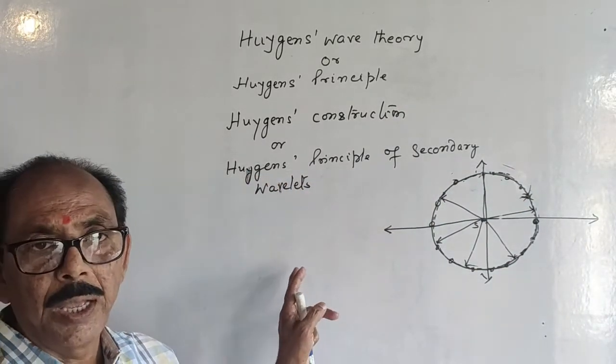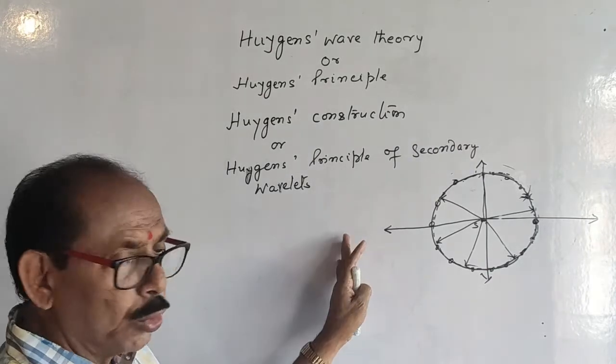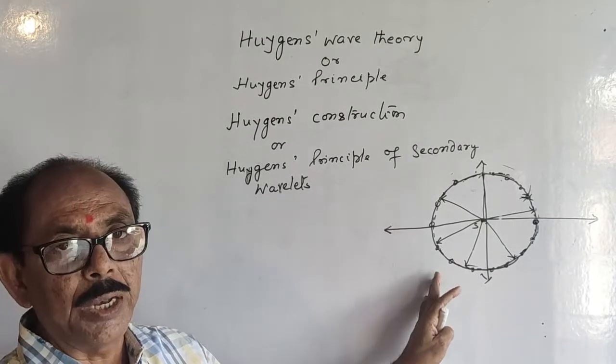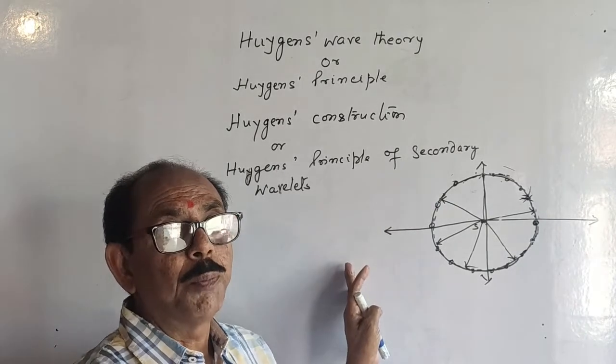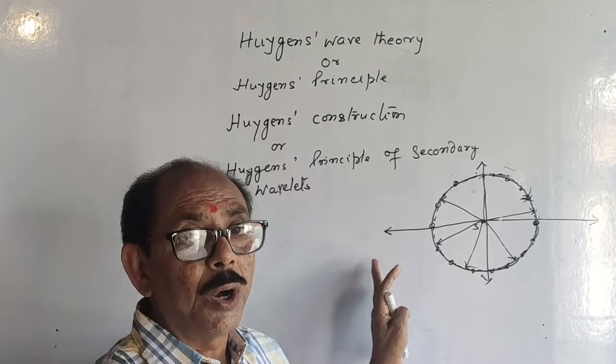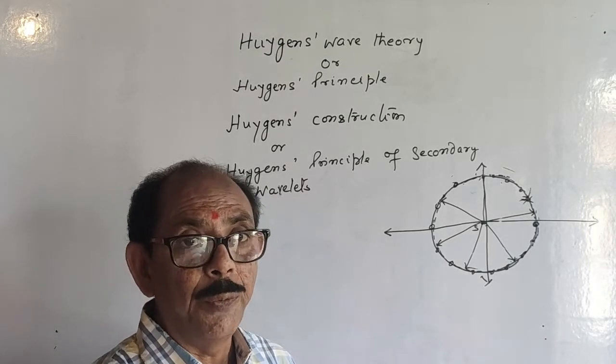Huygens made two assumptions to show how the waves propagate in the medium, or how we can draw the secondary wavelets.